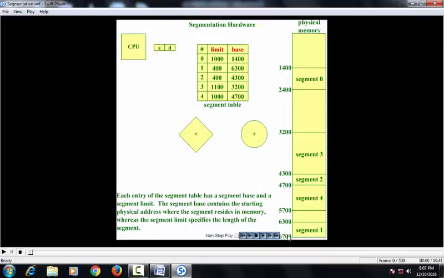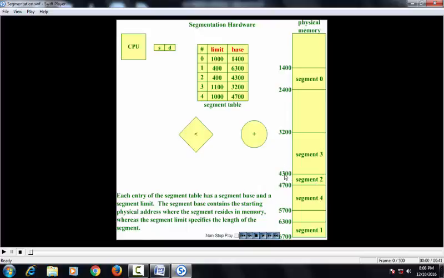Subtract 6700 minus 6300, and we will get the difference, how many lines of code are in segment 1. After subtraction, segment 1 has 400 lines of code. In the same way, segment 2 has a limit of 400, that means segment 2 contains 400 lines which start from 4300.